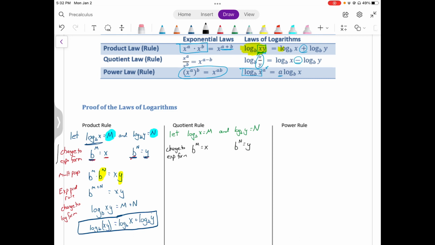Now we're trying to prove the quotient rule, so we're going to divide. We're going to use the division property. It's really the multiplication property, but we're going to take b to the m over b to the n. That's going to be equal to x over y.